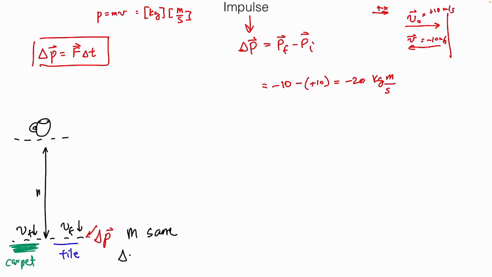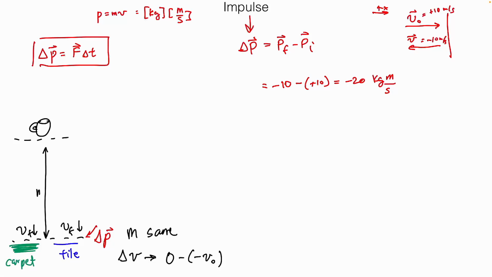And it underwent the same change in velocity, right? It was moving down at some speed, and it went to 0, right? In both cases, the mass was the same, the change in speed was the same, at the tile, at the carpet. But the forces were very different.